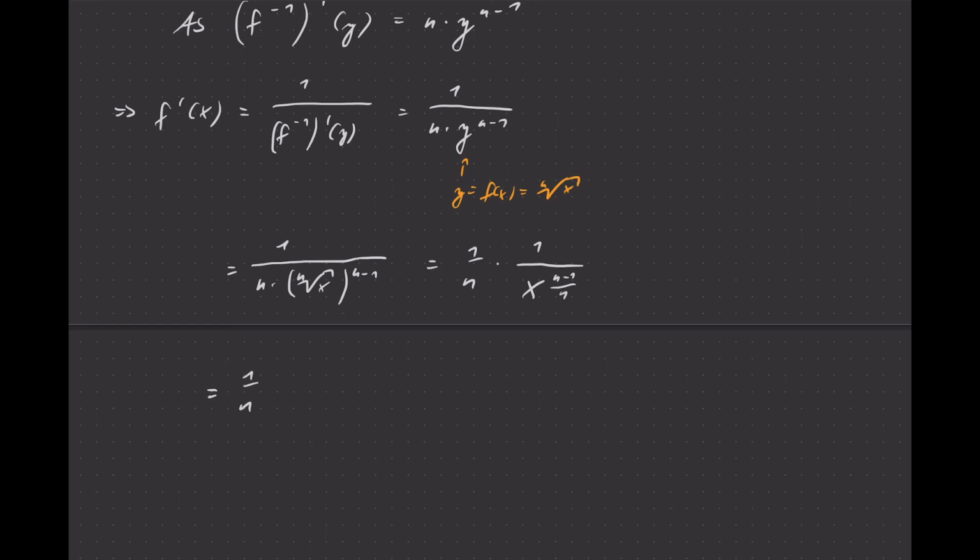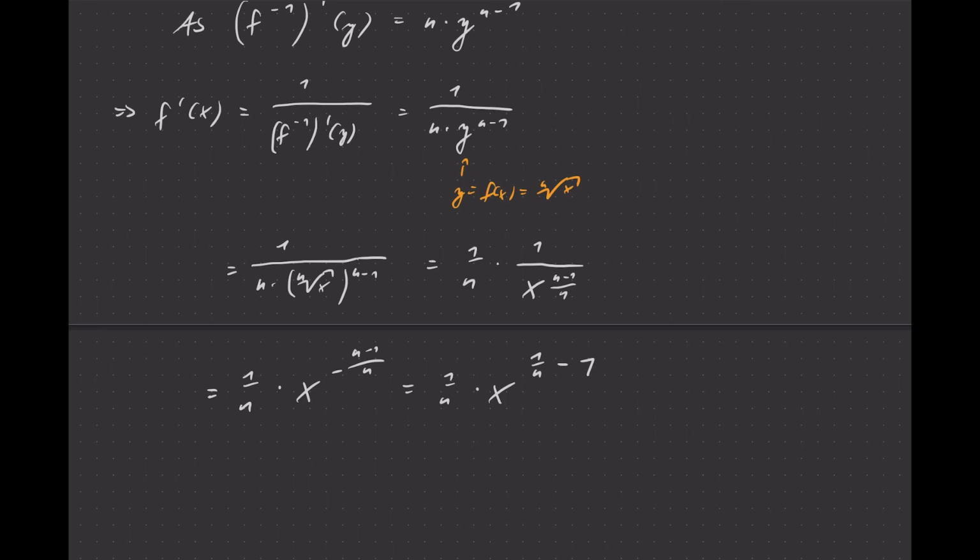So now we have 1 over x to some power. Of course, that's the same thing as saying this is x to the negative power. So this is x to the power of minus n minus 1 over n. And we can split this expression here and say, well, this is the same thing as x to the power of 1 over n minus 1.